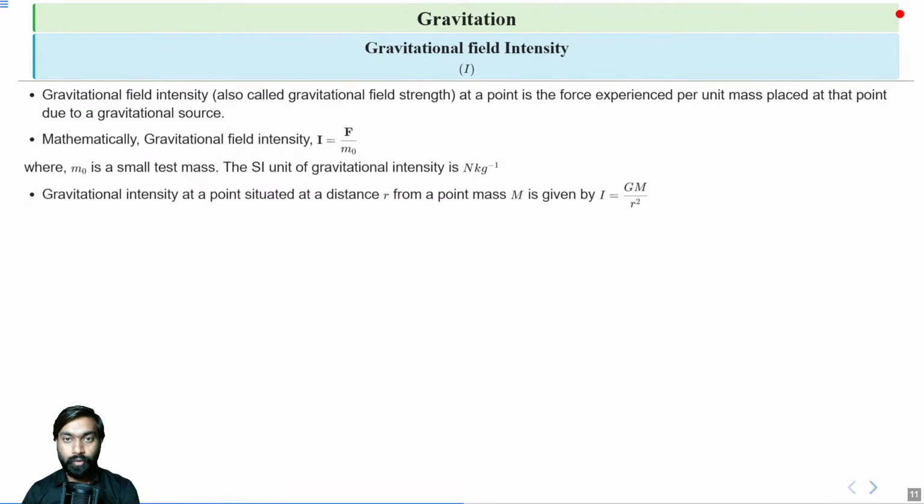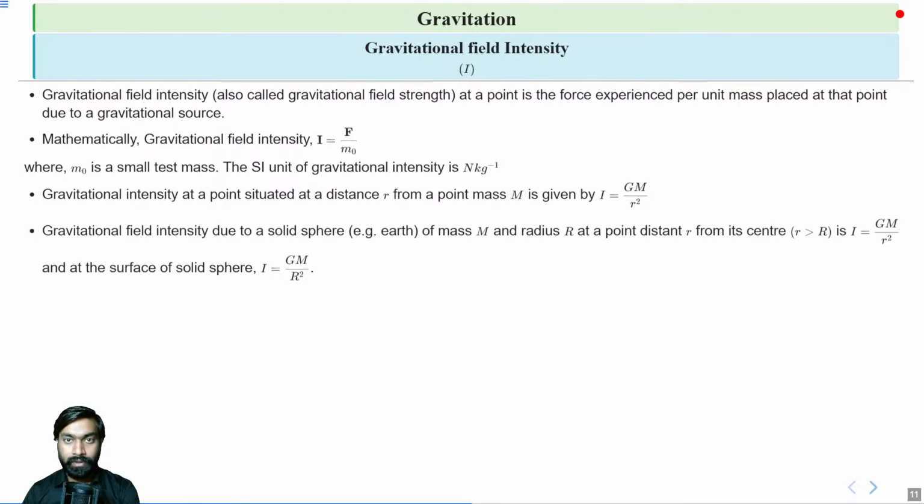Now if we have a point mass, then at a radial distance r from that mass, the gravitational field intensity will be I equals GM divided by r square. And if there is a solid sphere with mass capital M and radius capital R, at a distance r from its center which is outside the sphere, meaning small r is greater than capital R, the gravitational field intensity I equals GM divided by r square.